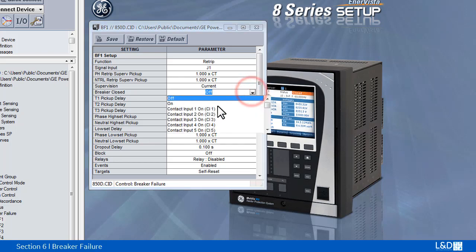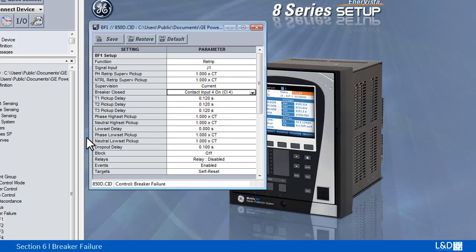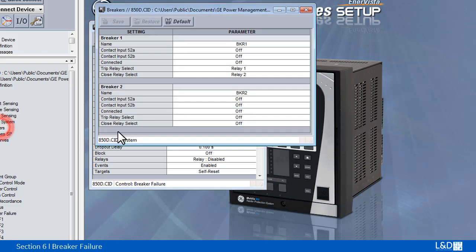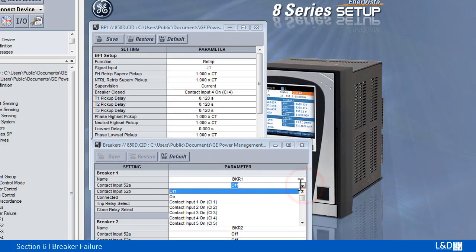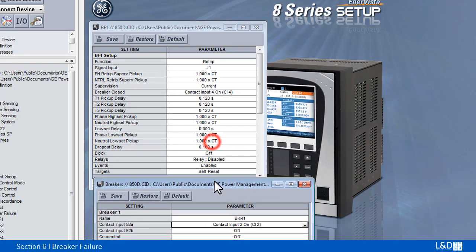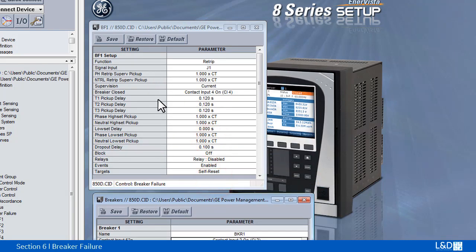When there's a conflict between this breaker closed setting and the breaker-out-of-service setting, the breaker closed setting in the breaker failure prevails.